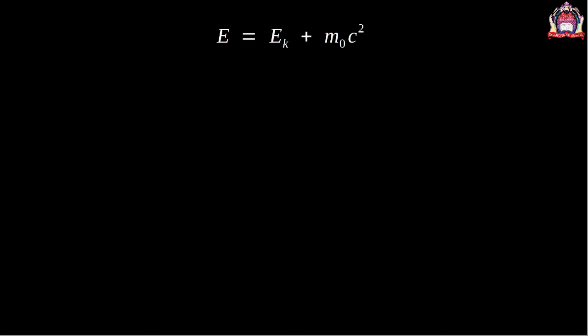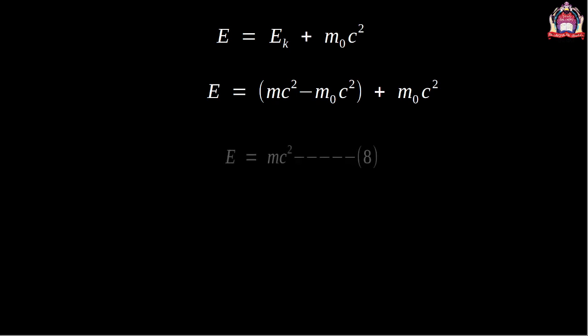We get Ek = mc² − m0c². By substituting the Ek value, E = mc² − m0c² + m0c². So we get E = mc². This is Einstein's mass-energy relation.